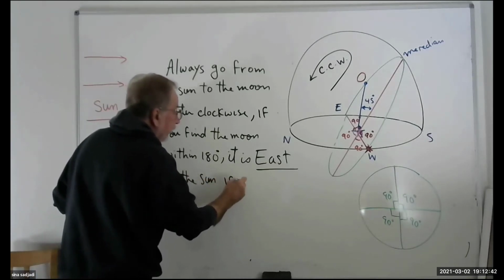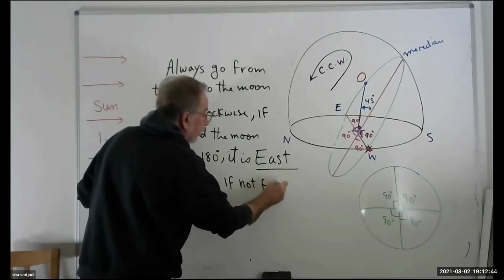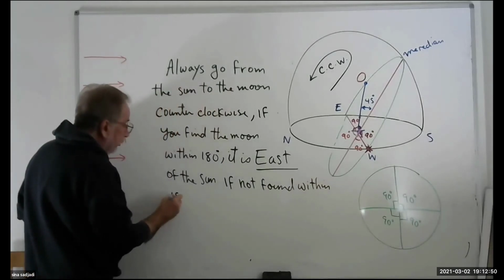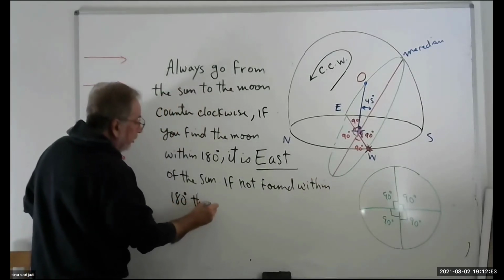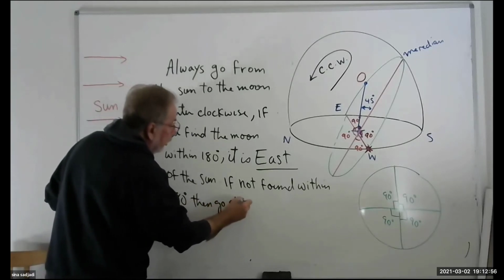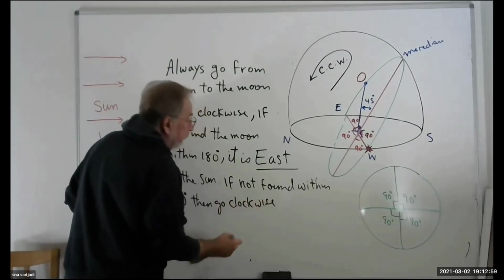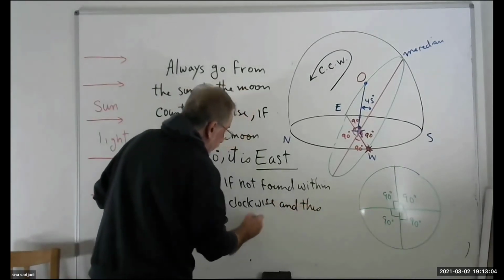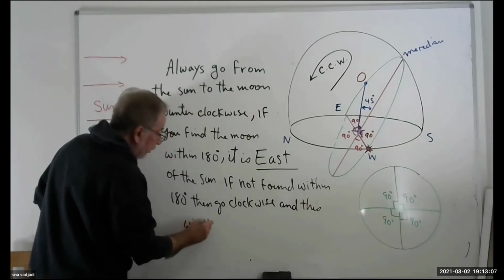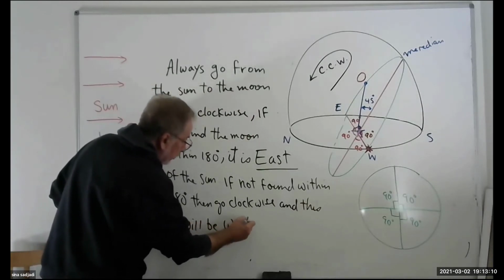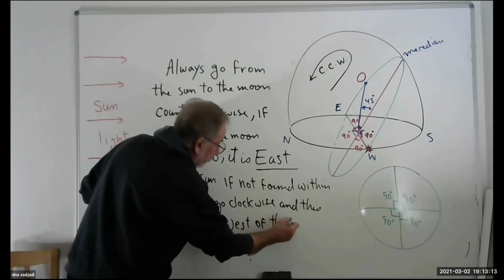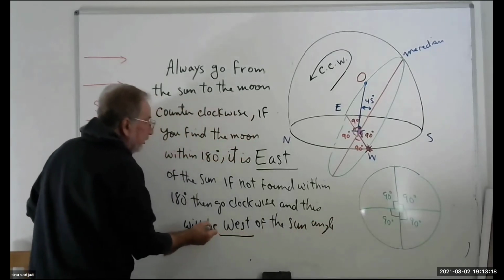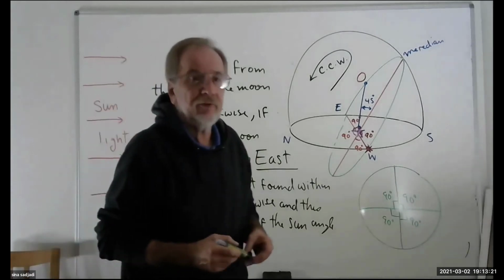If not found within 180 degrees, then go clockwise, and this will be west of the sun angle. So west of the sun, east of the sun. That's how you figure out east and west.